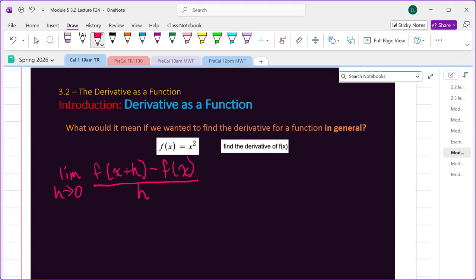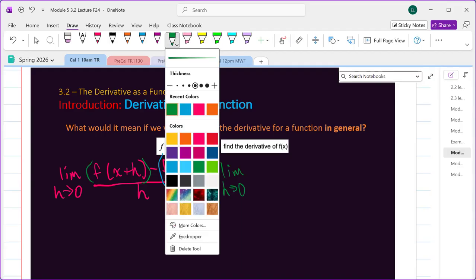So this means we're doing more algebra work, and this is actually similar to the way the question was asked in pre-cal. We're going to figure out f of x plus h, and we're going to figure out f of x, and we're going to write those in, and then it'll be all over h. So the limit as h approaches 0.